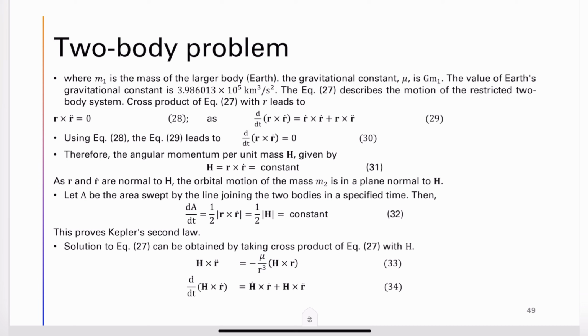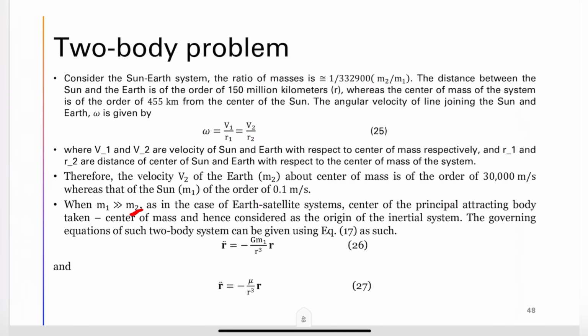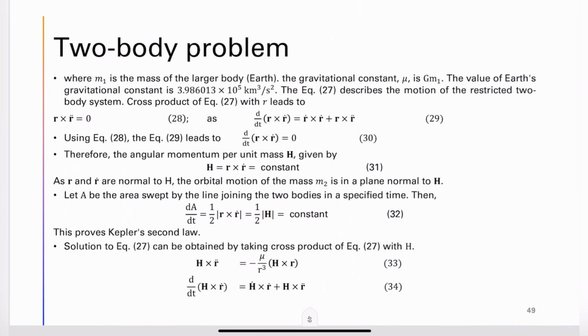The equation 27 describes the motion of a restricted two-body system, because we have an assumption about one body, so it is called a restricted two-body system. Now what we are doing is taking a cross product with equation 27. So the cross product of r into r double dot can be written as d by dt of r cross r dot.